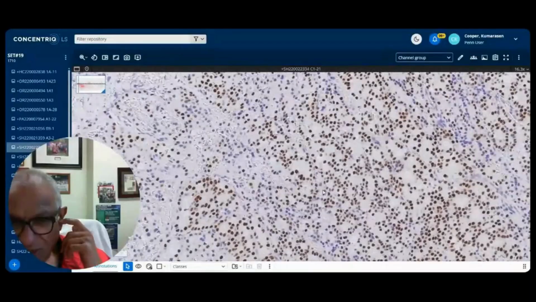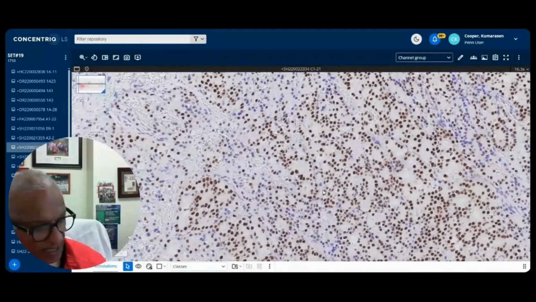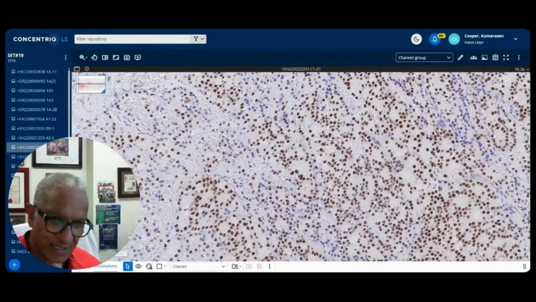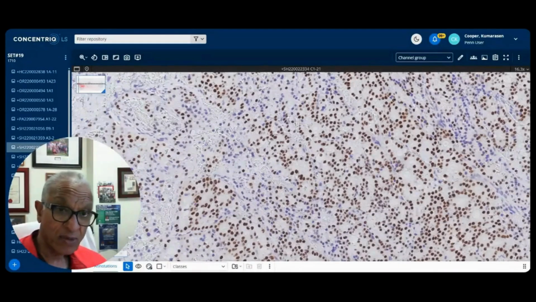So beautiful NOR1, useful to get, but this does not work in the acinar cell pancreatic carcinoma, and nor does it work in the extraskeletal myxoid chondrosarcoma, because that also carries the NR4A3, which fuses with the EWSR1.